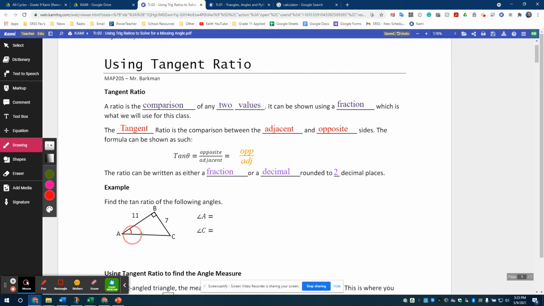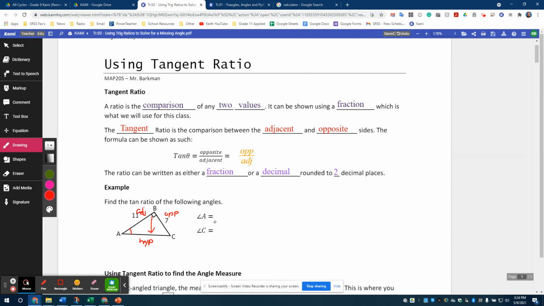When we talk about this angle right here, this side is our opposite side. This one is the hypotenuse, the longest side. And this one is the adjacent side, because it's touching the angle, and the opposite side is not touching the angle. This one is across from the 90 degrees, so it's our hypotenuse.